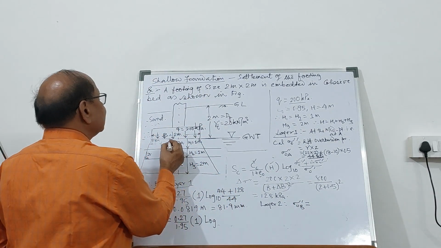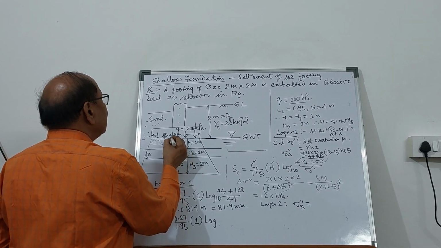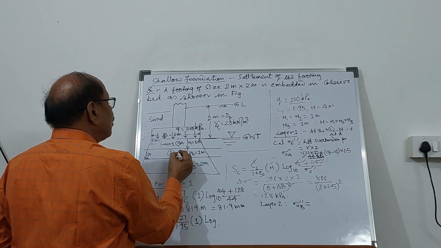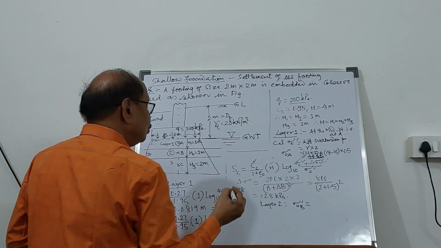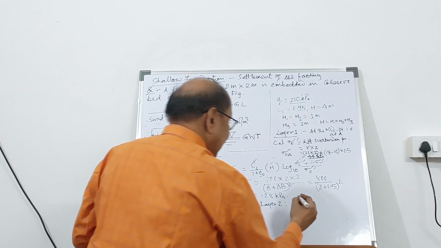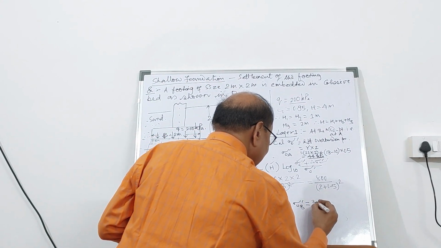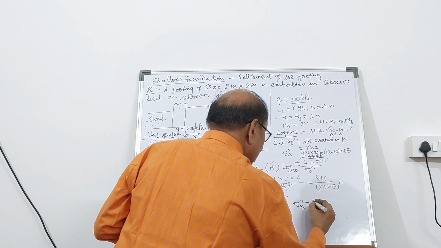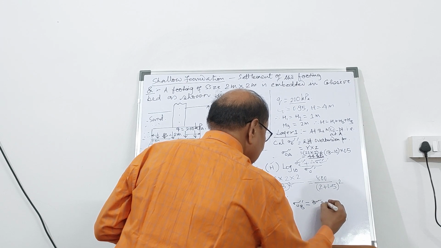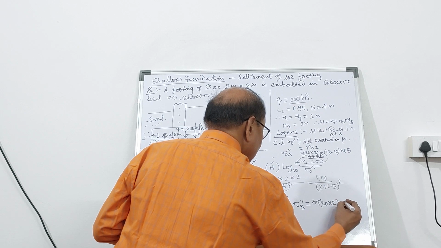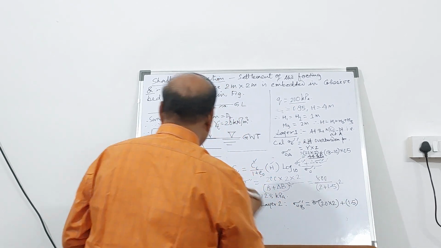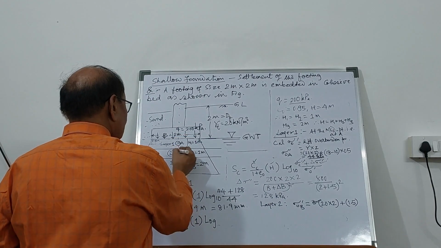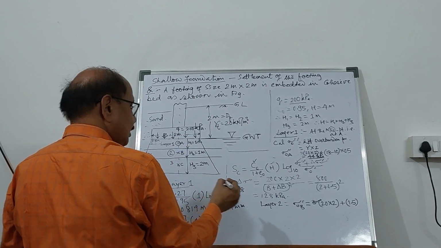At midpoint, this is going to be over 1 meter plus 0.5 meter, so 1.5 meter. First 2 meter, 20 into 2 plus the remaining 1.5 meter, 1 meter plus 0.5 meter.